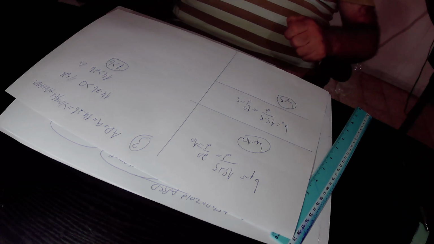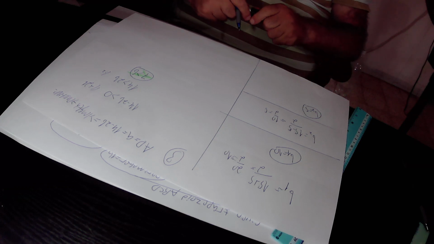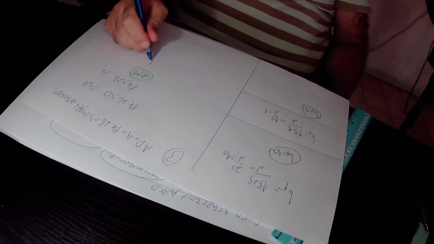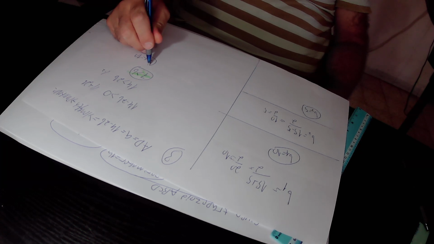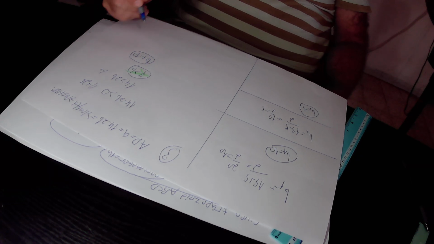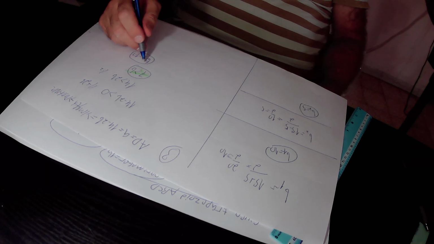But according to the first solution for b, b1 equals 10 units. 10 is greater than 7, but b must be less than 7. Therefore, this solution is incorrect.